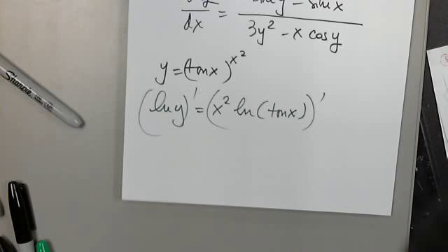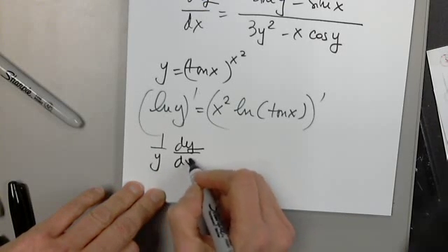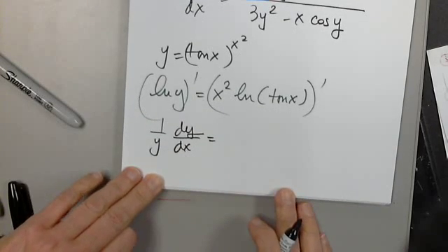Can anyone give us the left-hand side for now? 1 over y times dy over dx. Very good. What about the right-hand side?